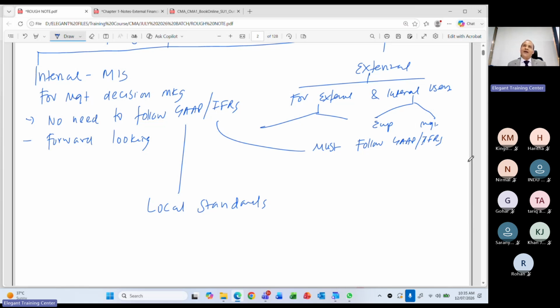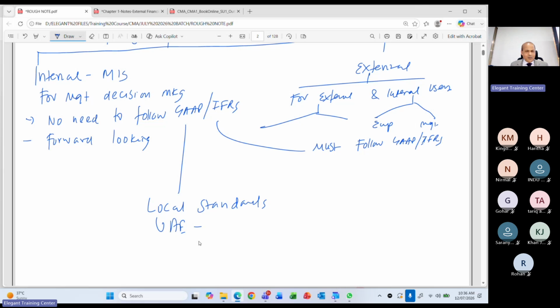Every country has its own accounting standard. We say local standards. So the companies operating in the UAE must follow UAE standards. The companies operating in India must follow Indian standards. Clear? So we say local standards.